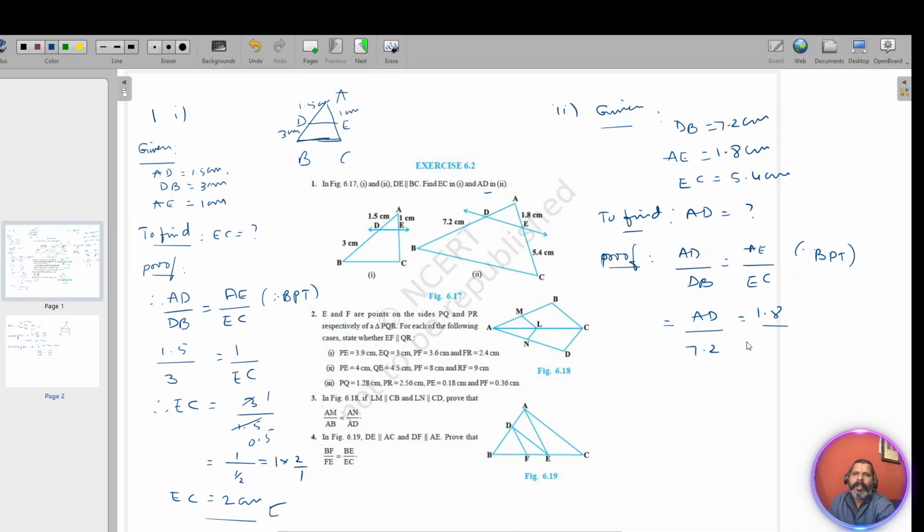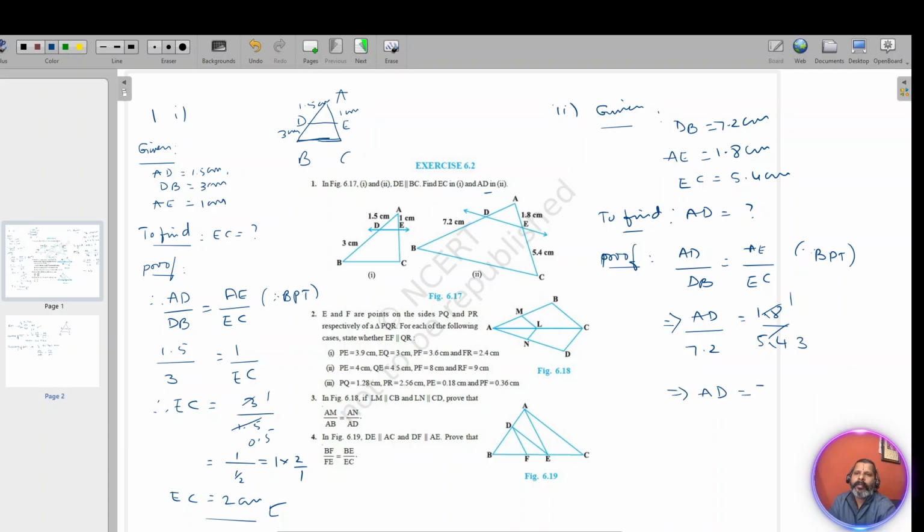Here the values are in decimal numbers. You should know calculation properly. You can cancel the decimal places if the numbers have the same digits after the decimal places. That is 5.4. So I can cancel this and this. 18 1s are 18, 18 3s are 54.